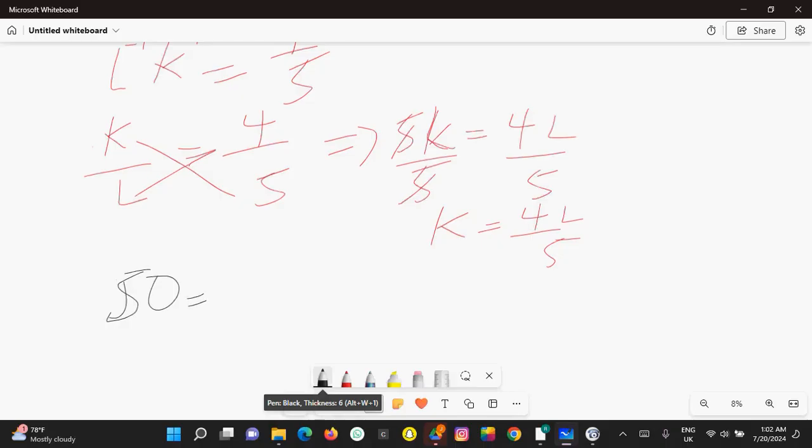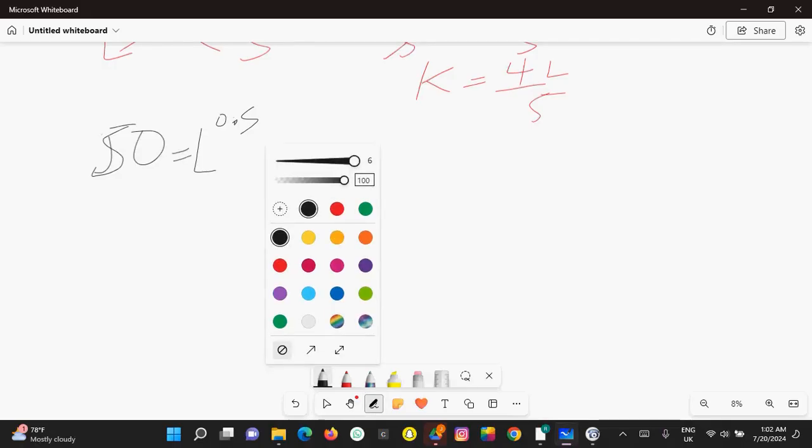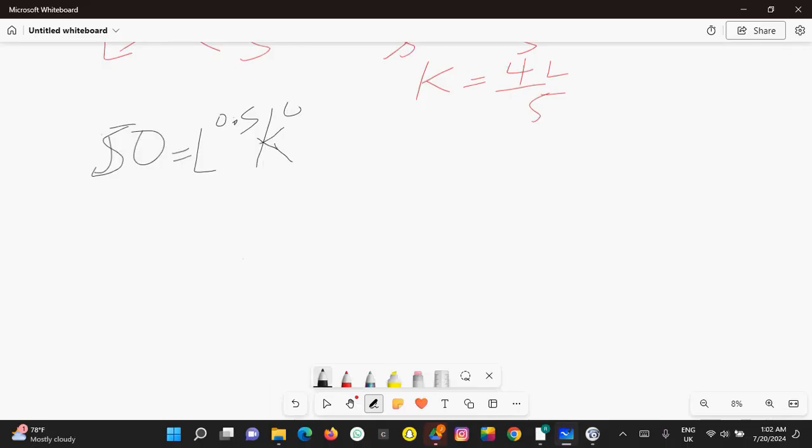Is equal to L 0.5 K 0.5. Now we have K to be 4L, the same thing as we did.